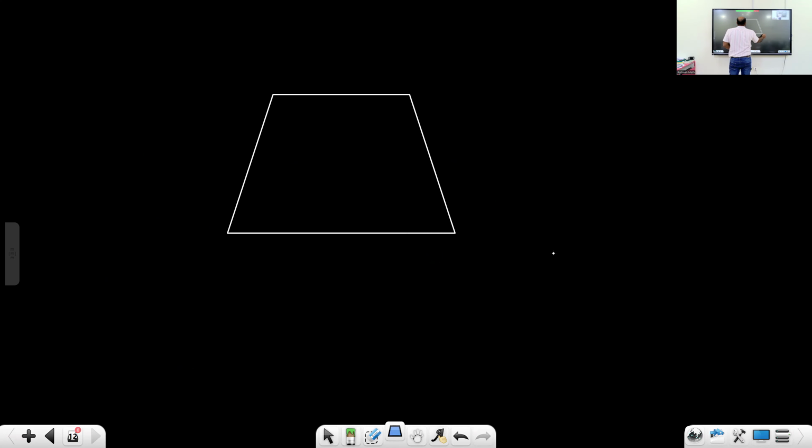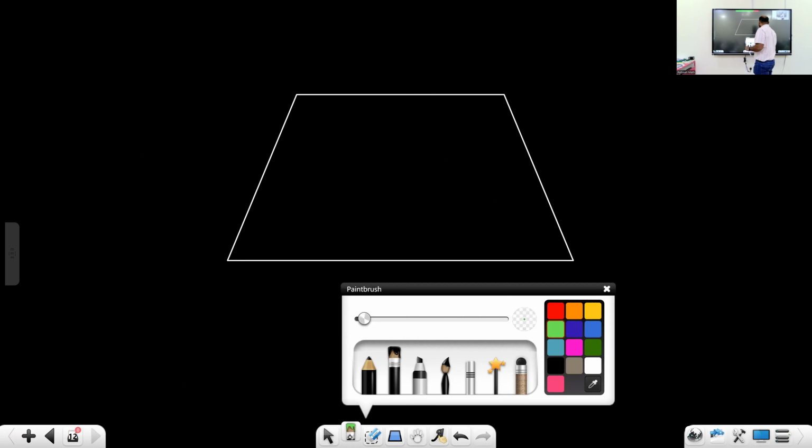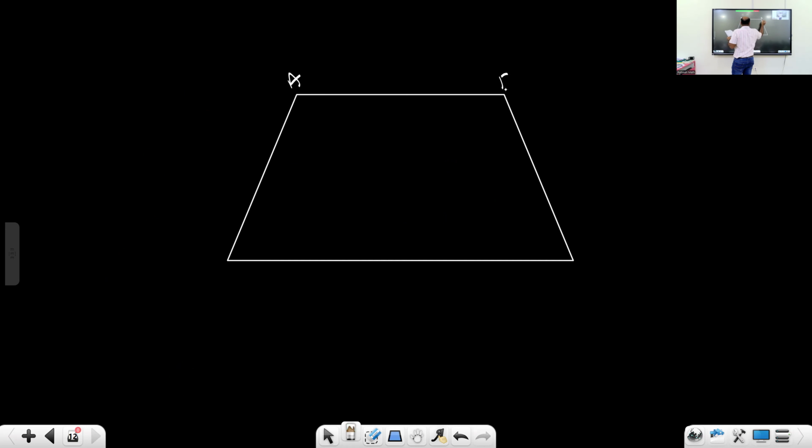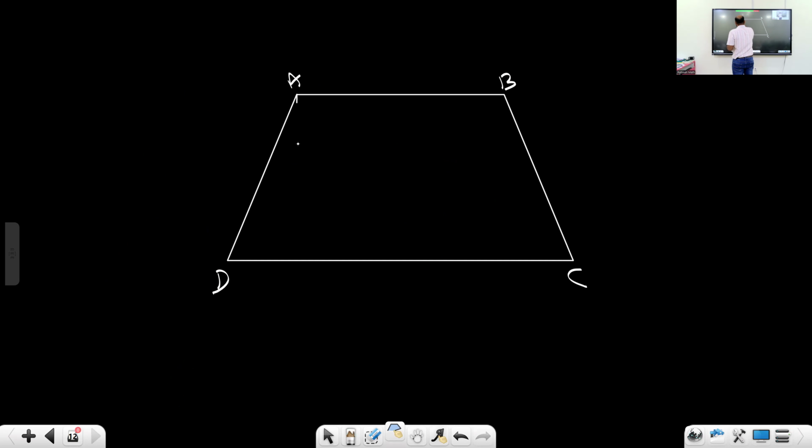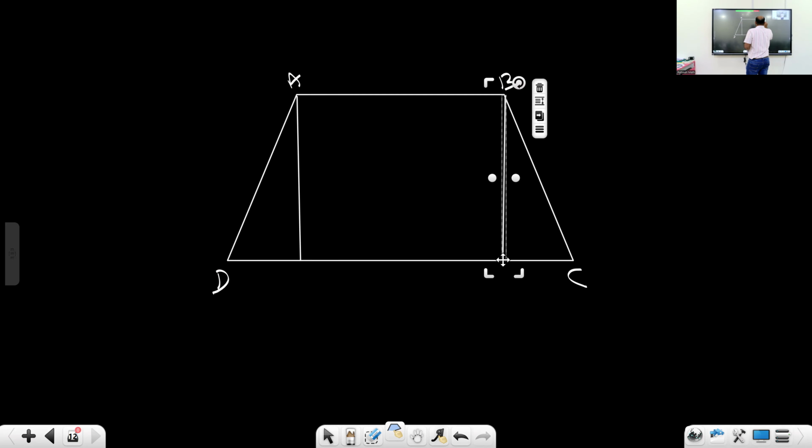There is a trapezium. Everybody please draw the diagram. A, B, C, D. Draw the diagram properly. Read the question also.